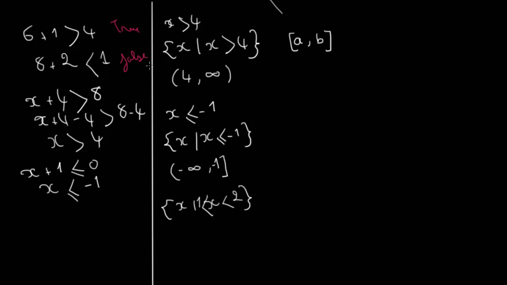Now, if we write the interval notation for this set, we just get 1 and 2. And you can see that the interval is an open interval, and it is bounded because it is bounded by 1 and 2.